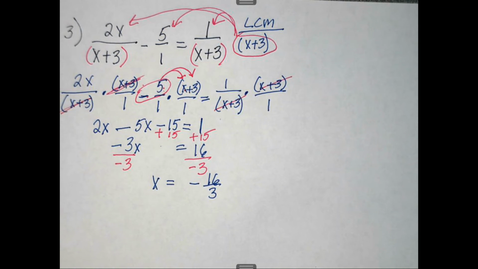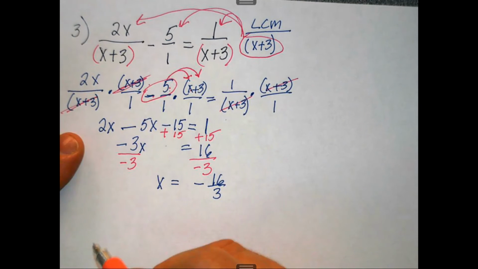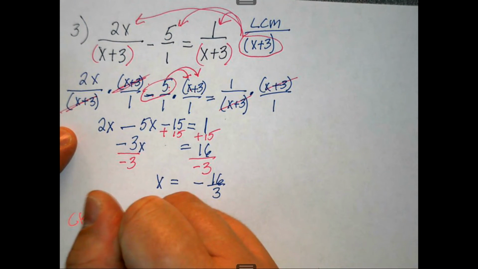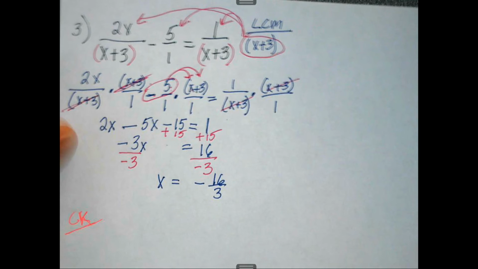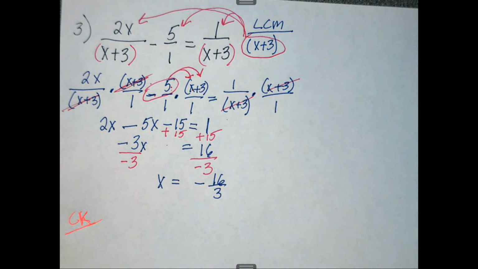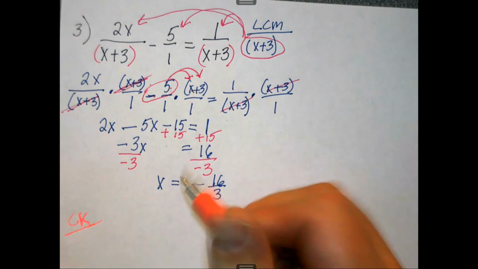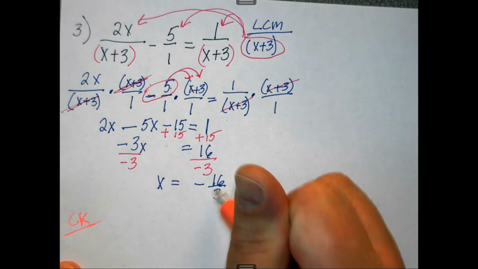Now here's the problem, guys. I have to check this answer, right? I have to check my answer. Wherever I see an x, I have to substitute this value in, right?